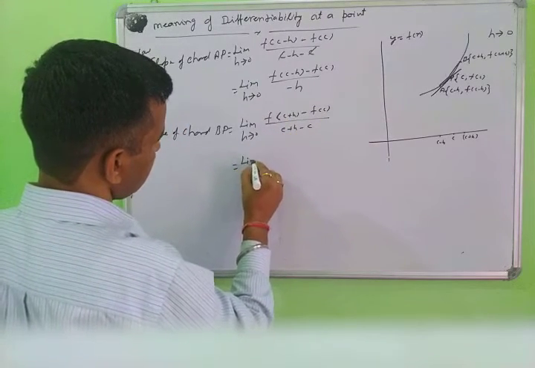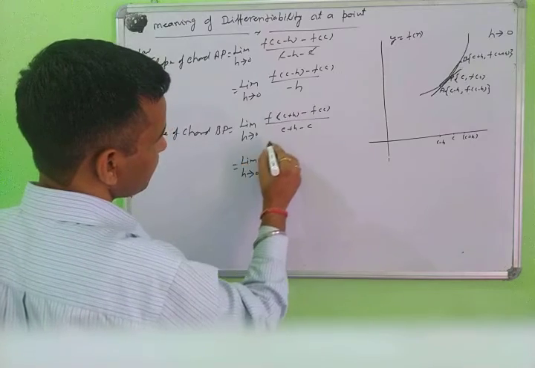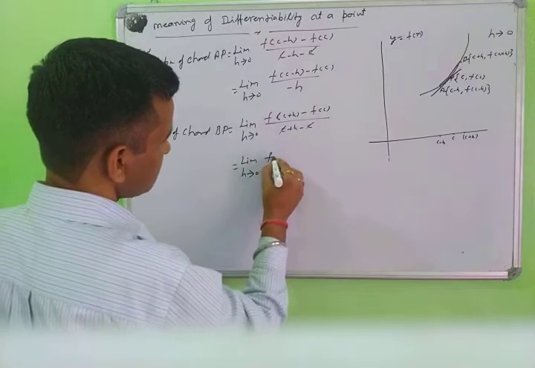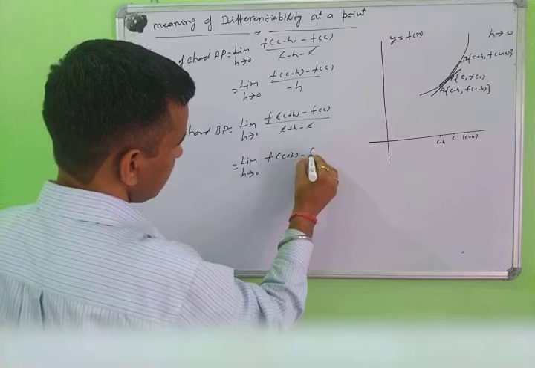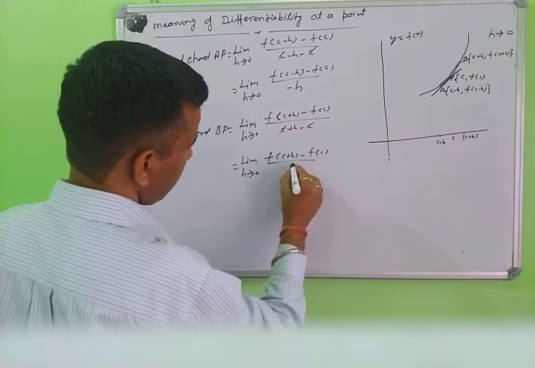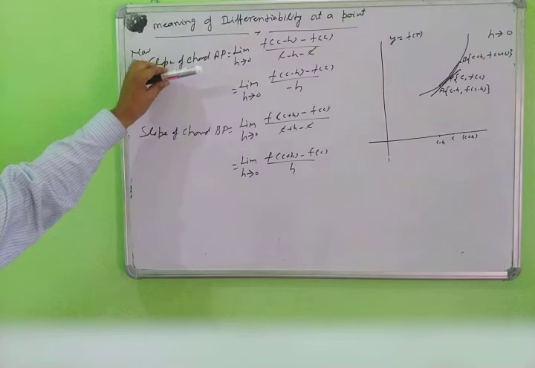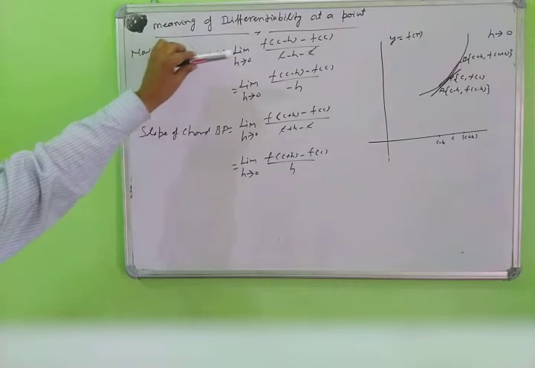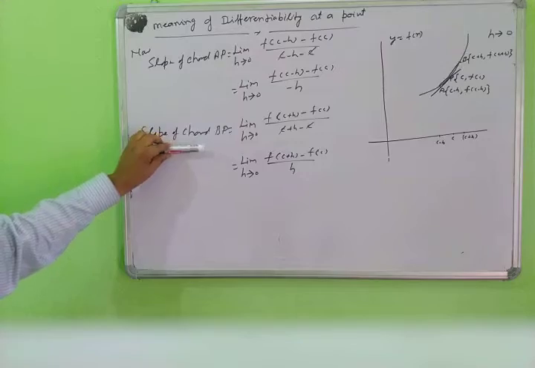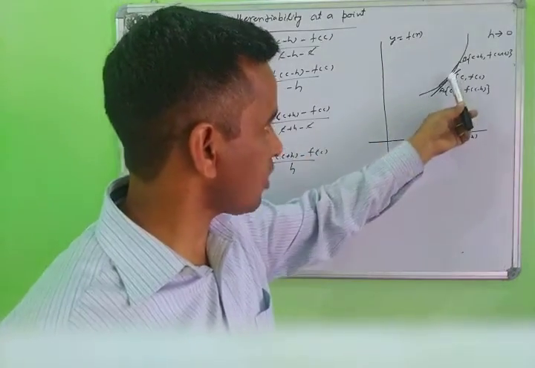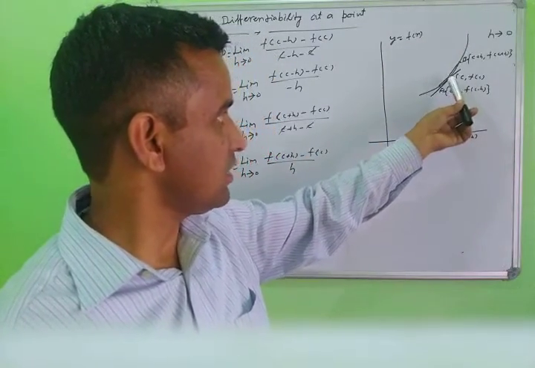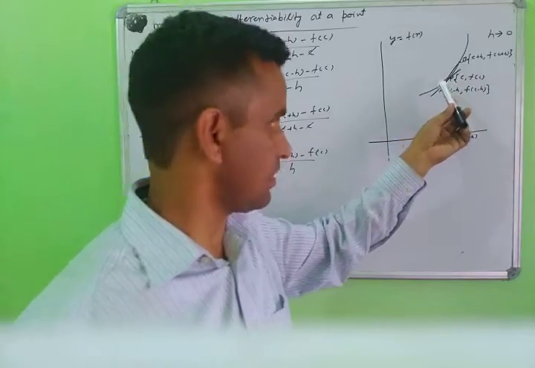What is left here? h tends to 0, this will be cancelled here, f(c plus h) minus f(c) upon h. So the slope of the left hand chord is equal to the slope of the right hand chord, and if the slope of both side chords is equal, then you can say this point is differentiable.